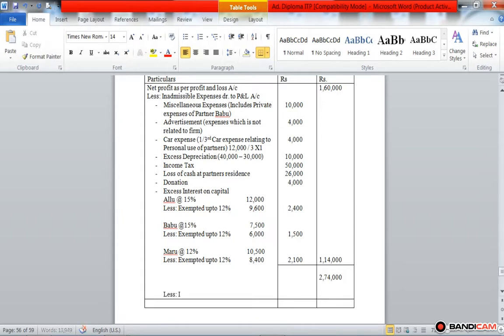Then we deduct income chargeable under other heads credited to P and L account, that is profit and loss account.